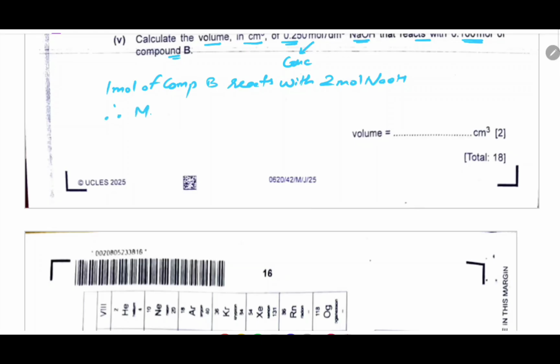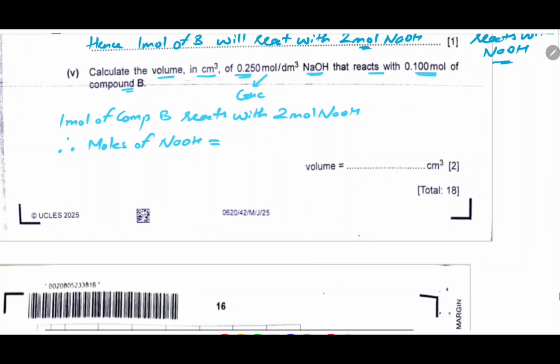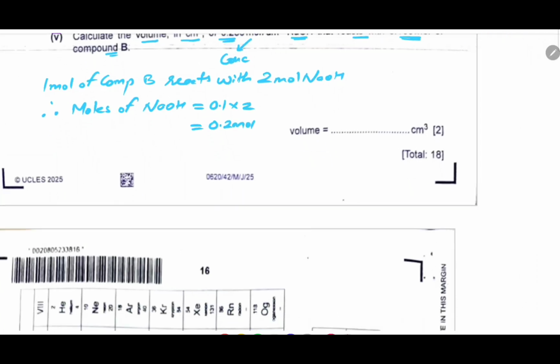Therefore, the moles of NaOH will be 0.1 into 2, which is 0.2 mole.